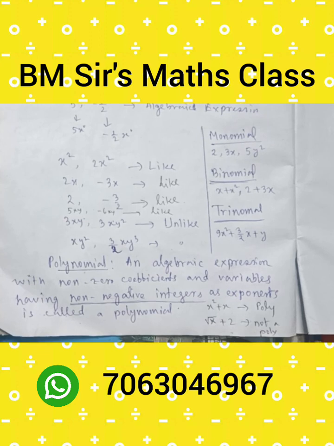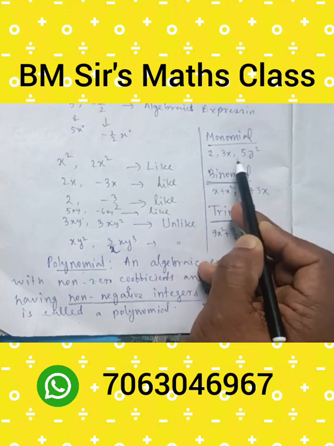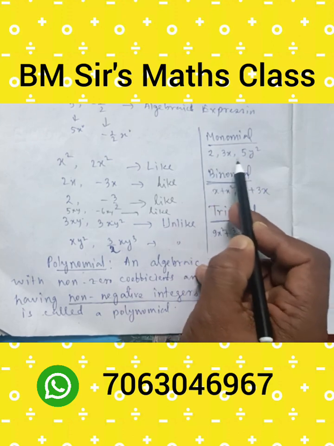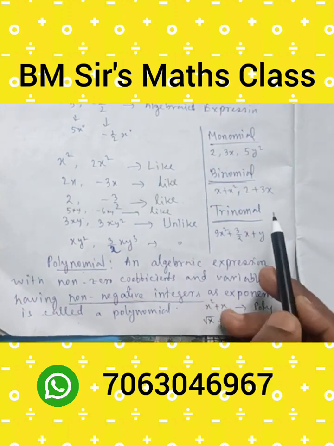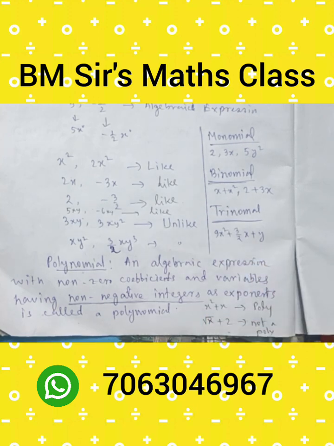And now we'll learn about monomial, binomial and trinomial. What do we mean by monomial? A polynomial containing only one term is called a monomial. For example, 2, 3x, 5y square, all are examples of monomials. A polynomial containing two unlike terms is called a binomial.